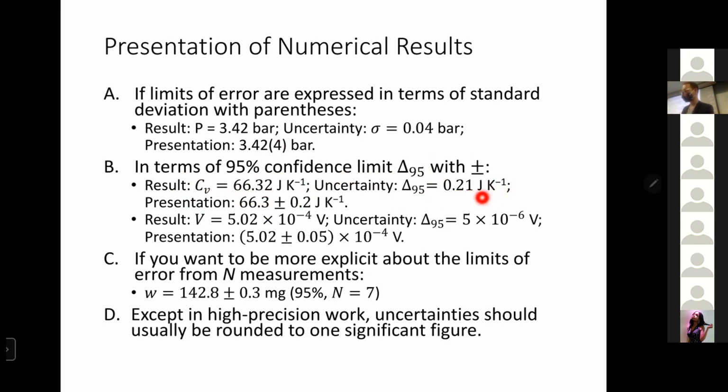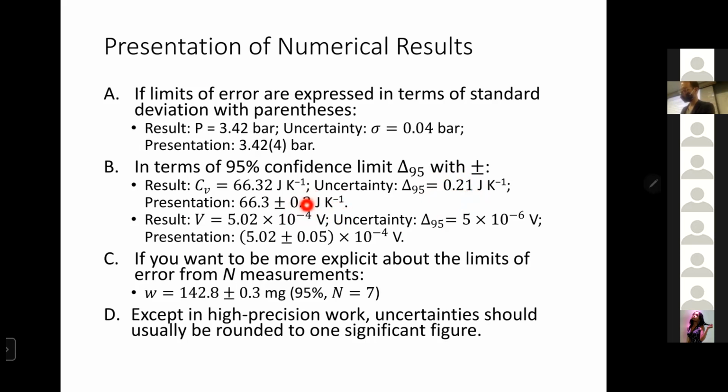In this course, we are going to round the uncertainty to 1 digit, which means the first digit that's non-zero is this digit in the 10th place here. So we're going to round it to the nearest 10th of a joule per Kelvin. So the uncertainty that we're going to report is 0.2 joules per Kelvin.